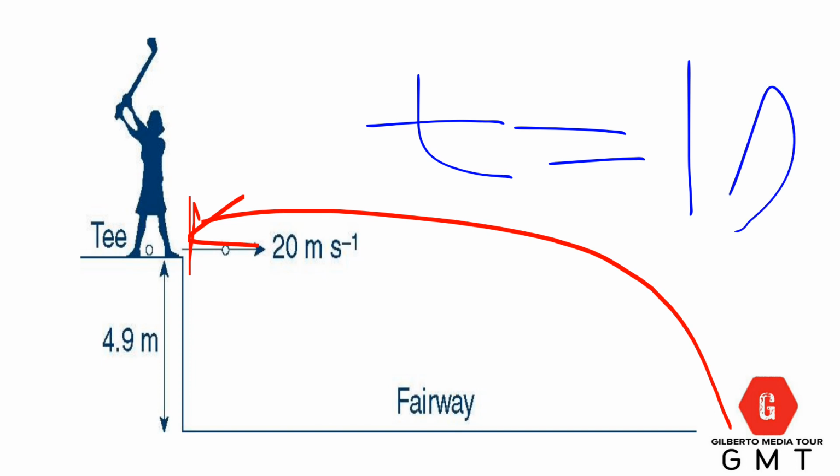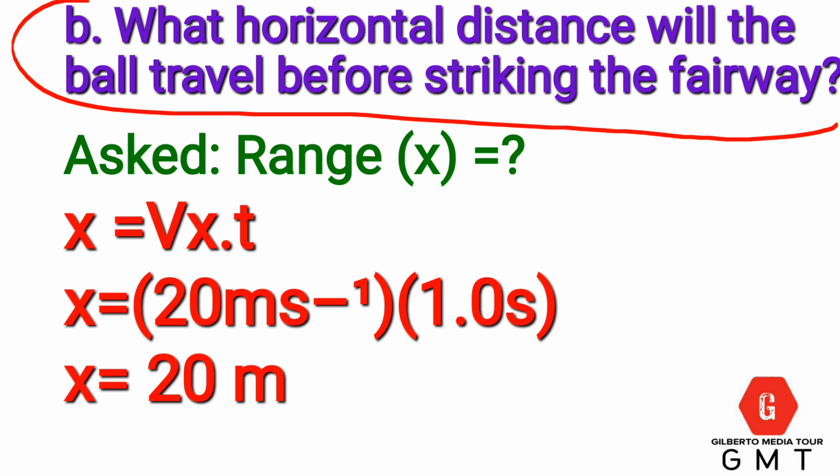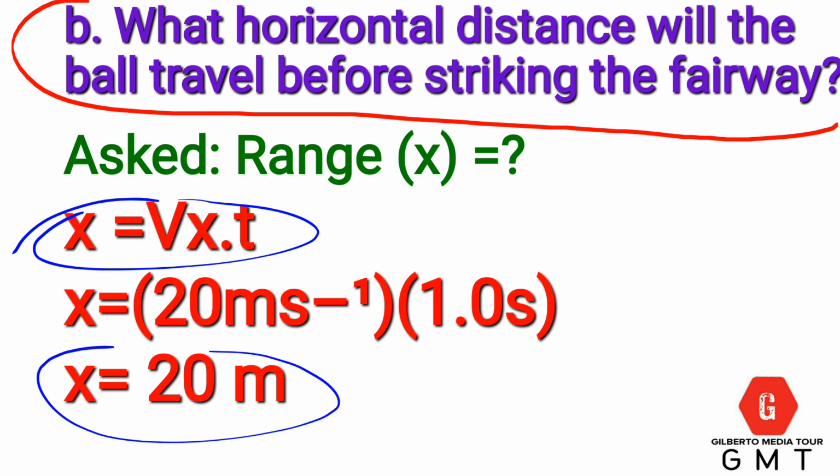Also, the velocity is known, equal to 20 meters per second. Because theta, the angle formed in horizontal projectile motion, is always 0, and the velocity equals v cosine theta, it is very simple to find the horizontal distance. So the horizontal distance will be given by the formula Vt, which equals 20 meters.